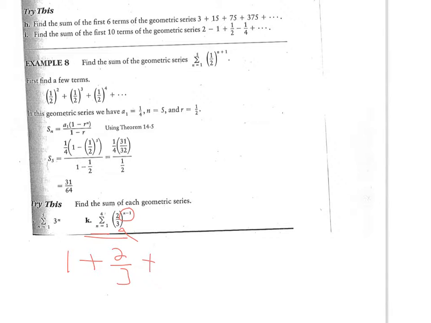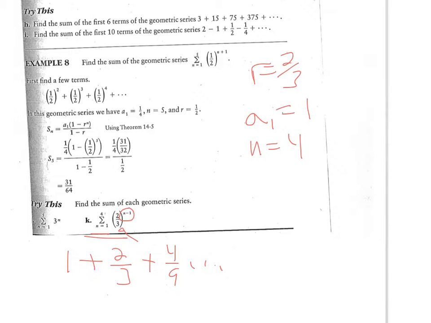And then the next number would be 2/3 to the second power, so that would be 4 over 9, and so on and so forth. Yeah, so the common ratio is 2/3. The first term is 1, and I'm looking for the sum of the first 4 terms.